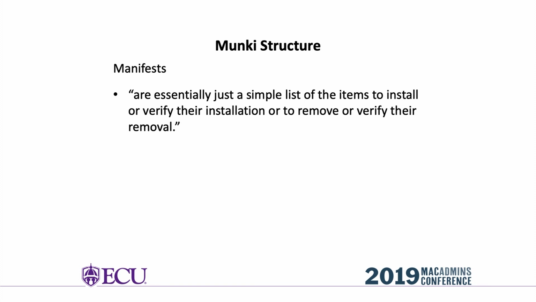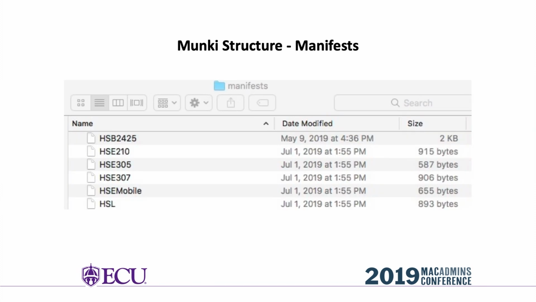A manifest is essentially a text file that lists items that need to be installed, uninstalled, and also lists any included manifests. Whenever you configure your end clients, you set the client identifier preference, and that essentially assigns it to a particular manifest.